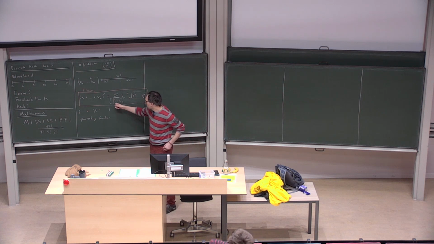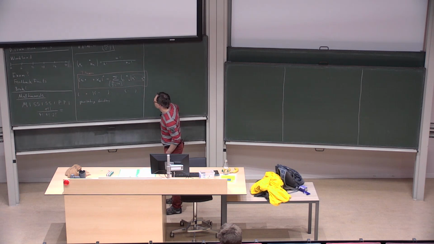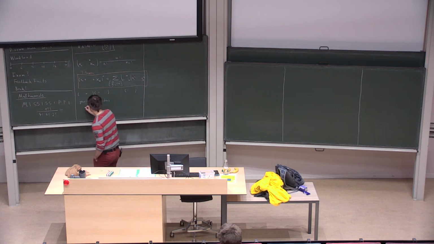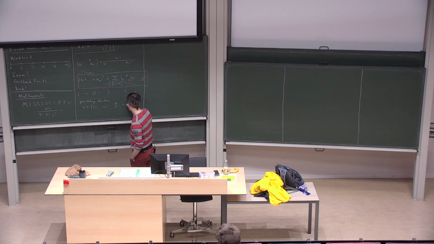These are all the ij that sum to n. So maybe I can write it differently. Let's say I have this set S, which is just the I1 up to ik such that the sum of ij, j equals 1 to k, equals n.